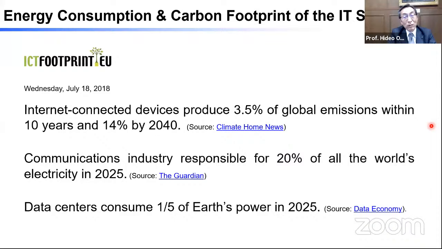Data centers consume 1/5 of Earth's power in 2025. So basically, what these statements say is that we have to deal with this. Otherwise, we cannot enjoy the extension of this IoT, AI, big data, and 5G and beyond.